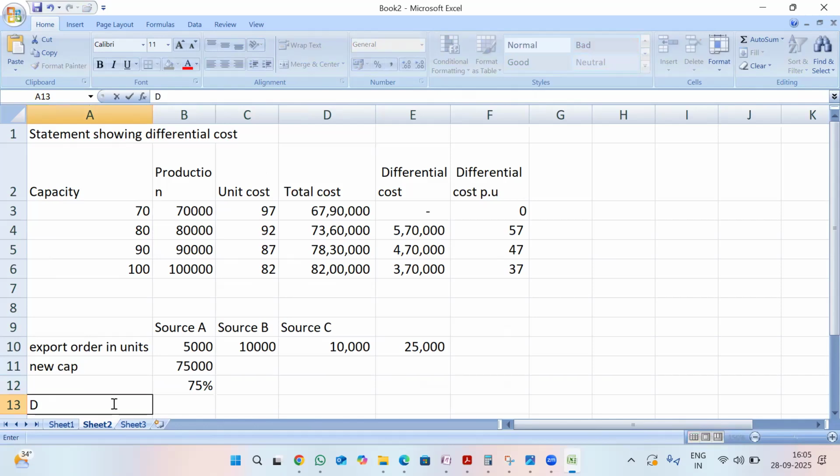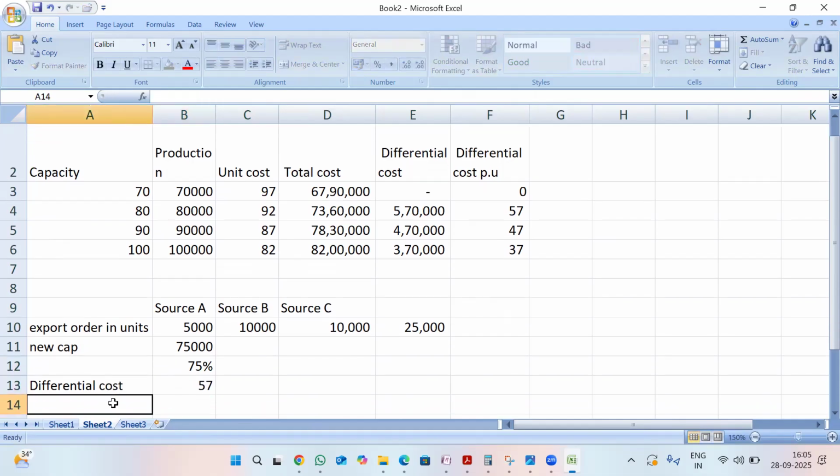So differential cost is 57 rupees per unit. That means my total cost for 5,000 units will be 5,000 into 57.